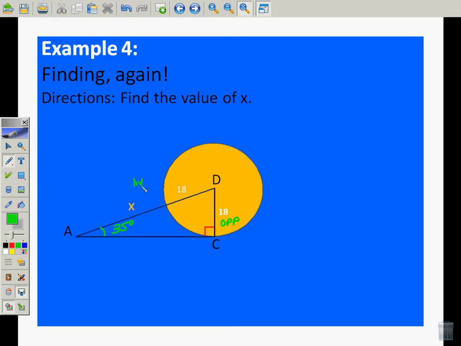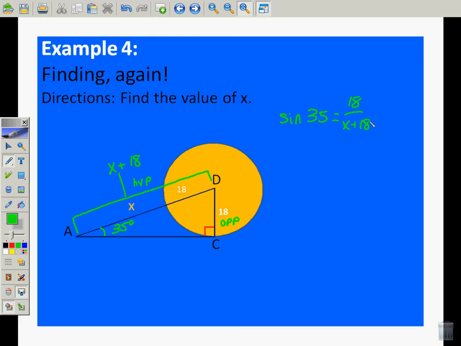And remember, we're taking this as a whole unit, so this is going to actually be x plus 18. And I'm going to set this up. Opposite and hypotenuse makes me think sine. Makes me happy. And the opposite over the hypotenuse is going to be 18 over x plus 18.